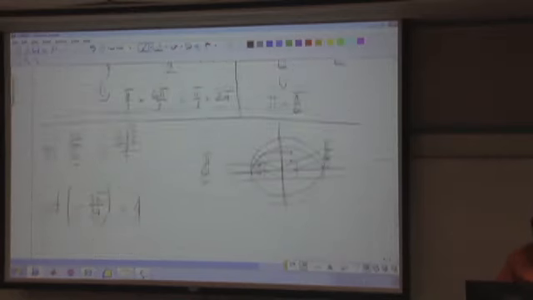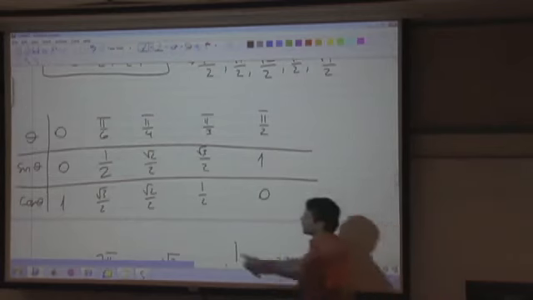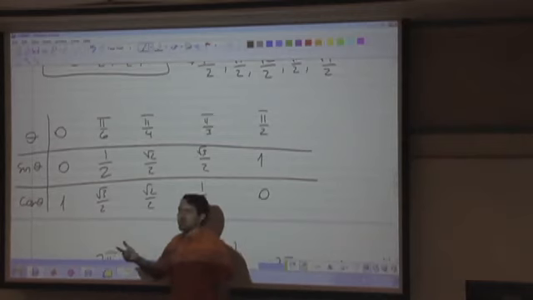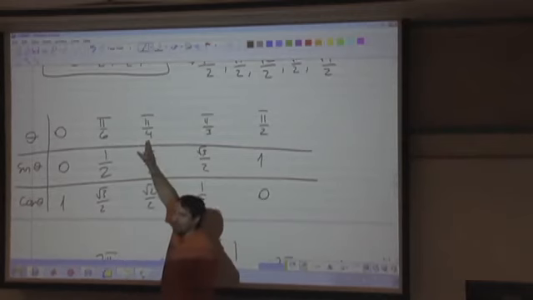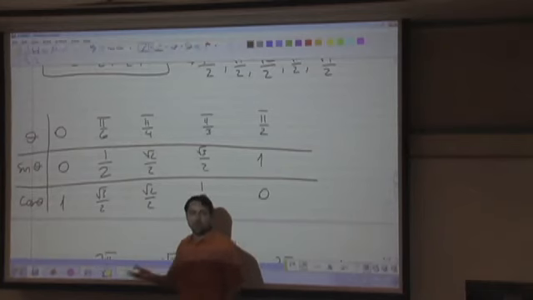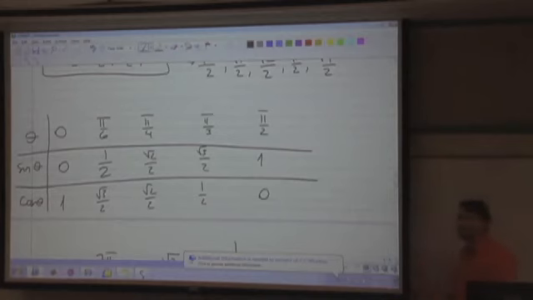Again, if you look at pi over 4s, you're going to be looking at the same values for sine and cosine. So if I ask you for tangent or cotangent of any angle involving a 4, it'll be either minus 1 or 1, depending on which quadrant you're in. Does that make sense?